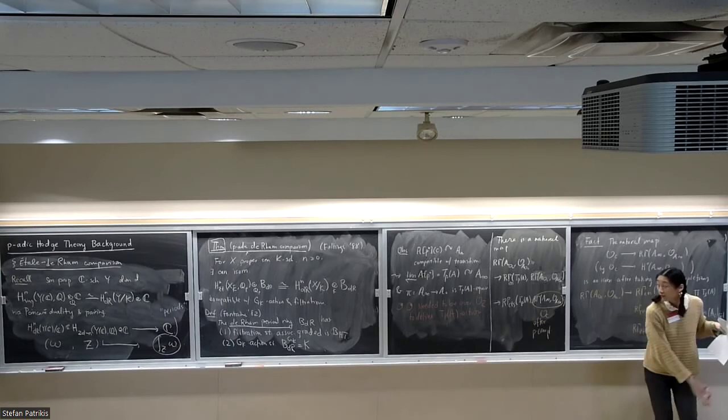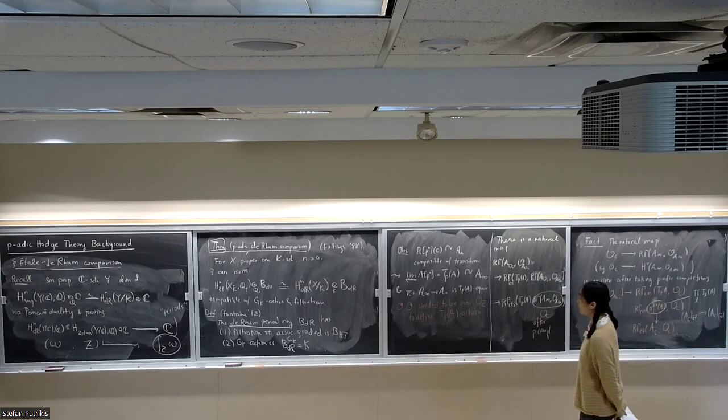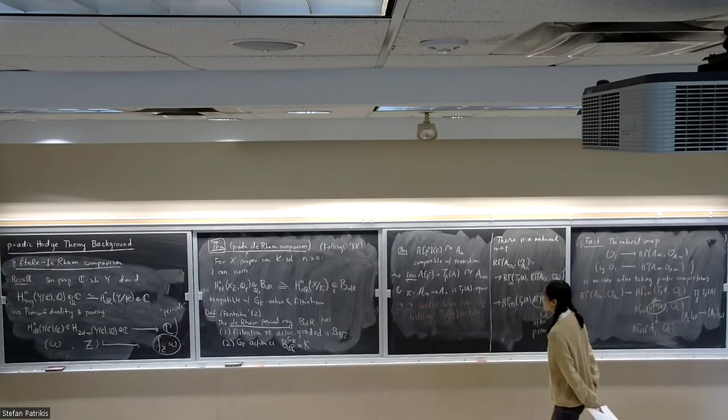Yeah. So here you mentioned this T_p A equivariance of the map pi, and how is it used in the later argument? You mean Galois equivariance? No, not this one, but the earlier part when you define this map pi from A_infinity to A_0. Oh, I see.